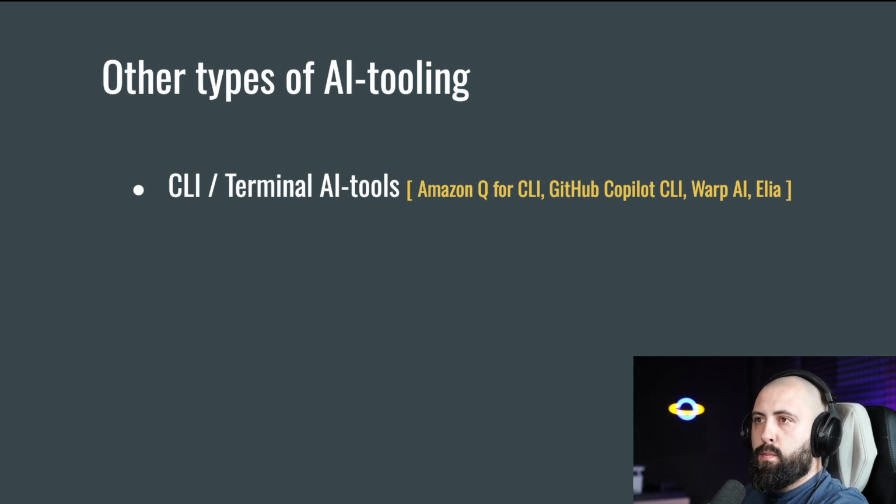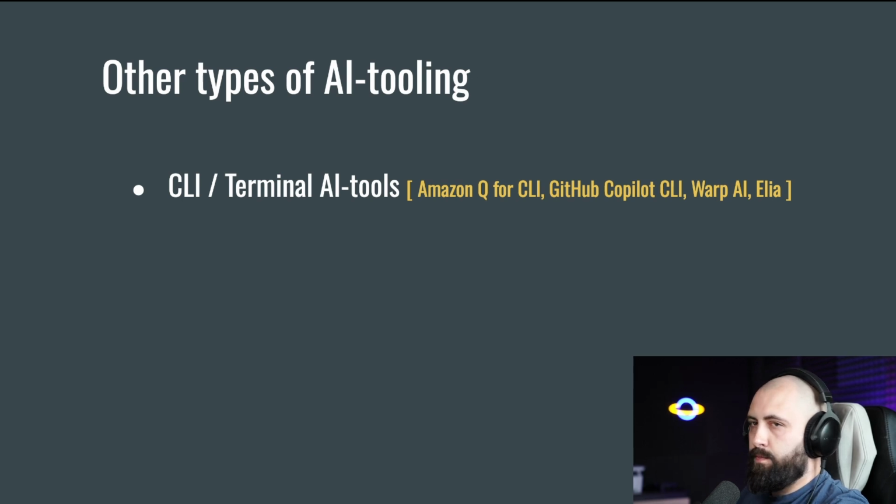Here I put several popular CLI tools. Amazon Q and GitHub Copilot CLI provide command suggestions, and it really speeds up your work. If you haven't tried it, just try it. Warp AI is a fully AI-based terminal.